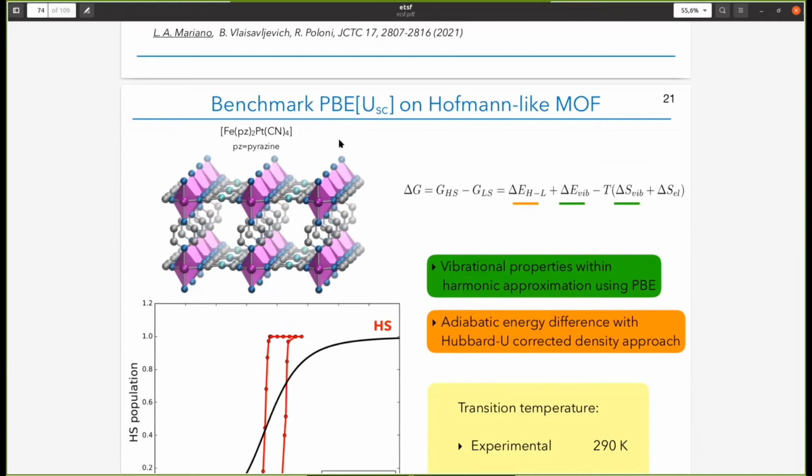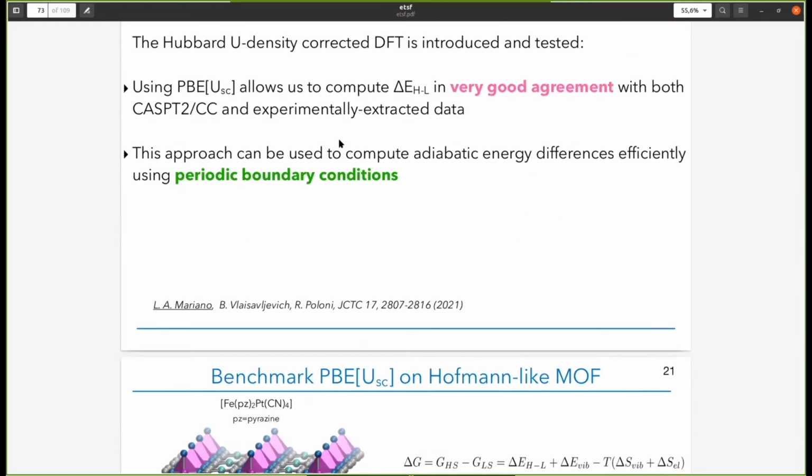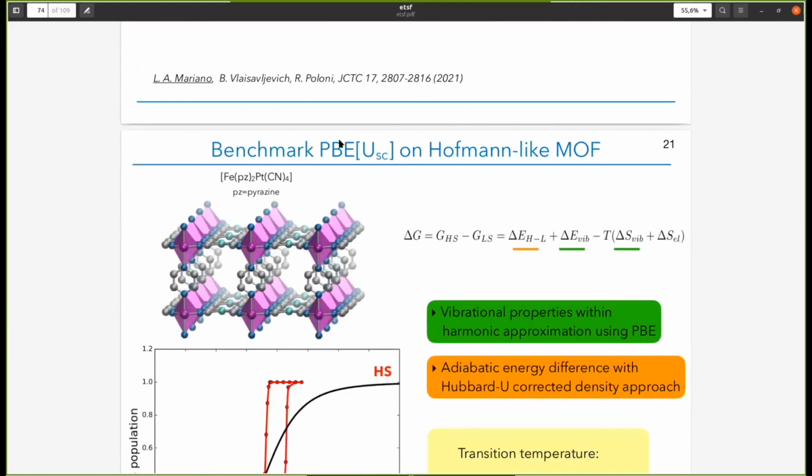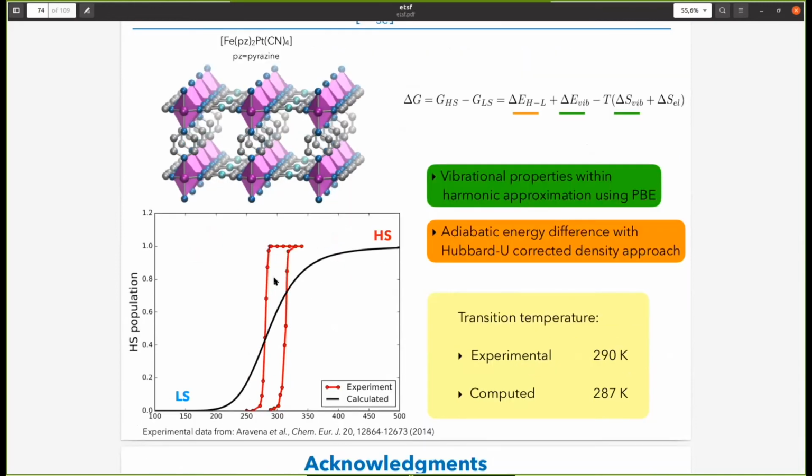So actually, I would say the best way would be to test and to try. You can try a non-self-consistent calculation, replacing the input density, not particularly with the PB plus U density, but, for example, with the Hartree-Fock density. So feed a PB functional with a Hartree-Fock density.